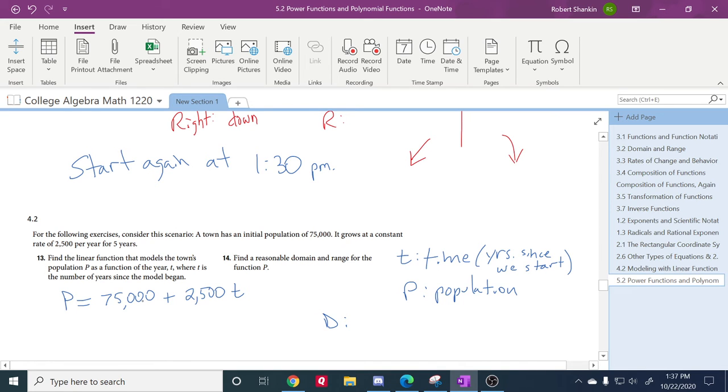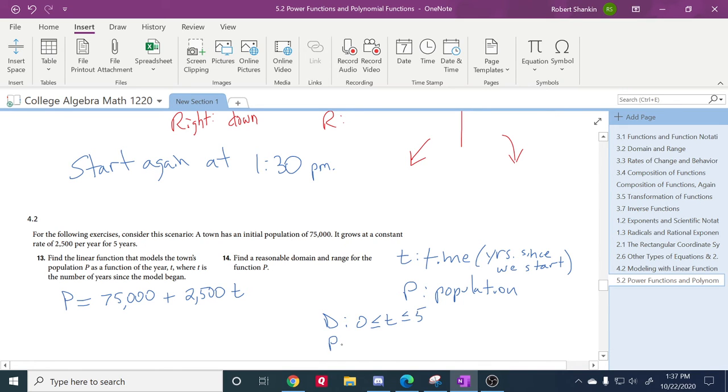When t is 1, it's had one time that it added 2,500. And when t is 2, 2 years later, it had 2,500 twice. And then the domain would be t between 0 and 5, because it just does this for 5 years.